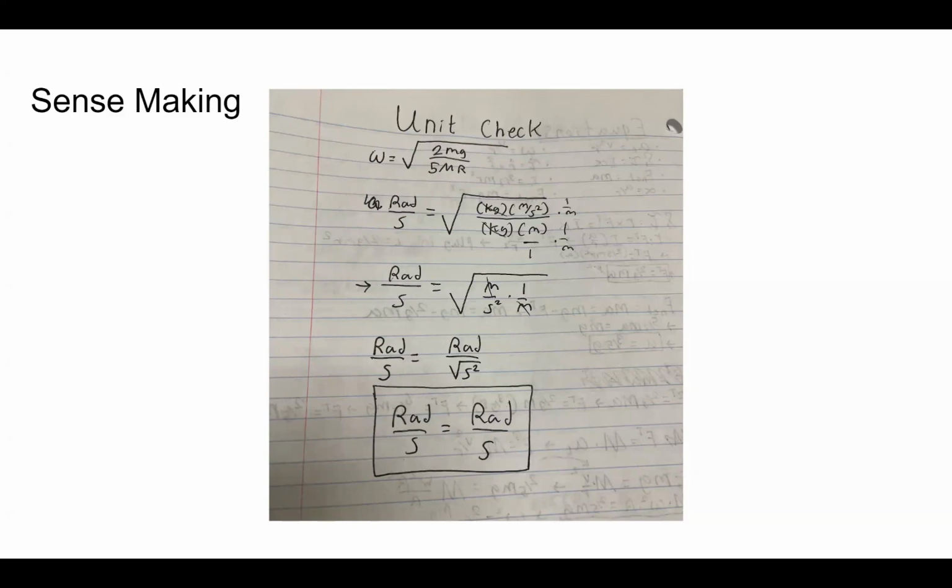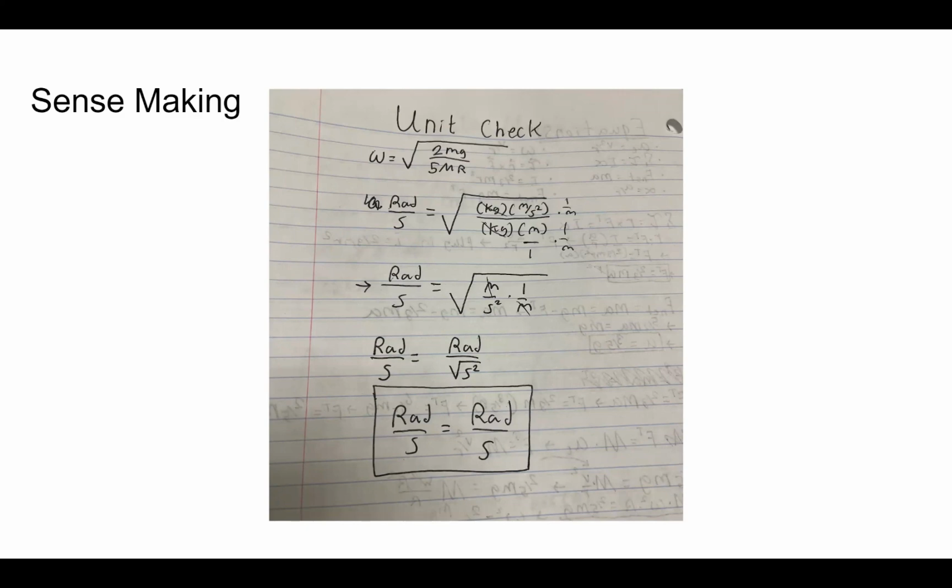Gravity is basically acceleration, so it's meters per second squared. The radius should just be meters. So crossing from the numerator and denominator, we can take out the kilograms and the meters because we're just canceling them out.